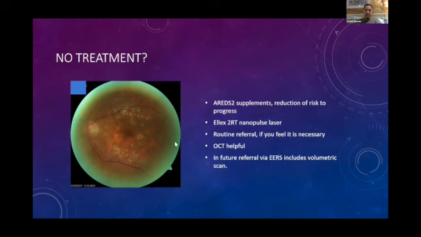But otherwise, you would advise patients to use AREDS2 supplements to reduce the chance the disease would progress. As I say, a routine referral if you feel it's necessary.